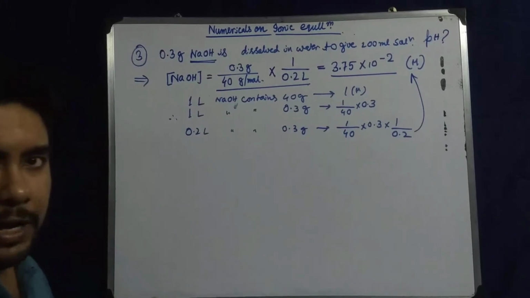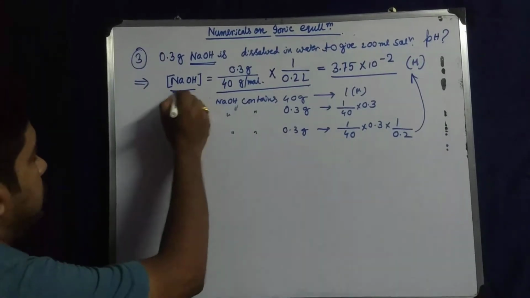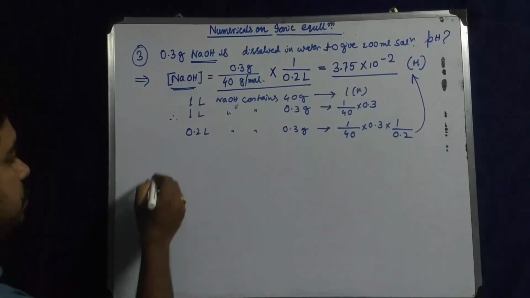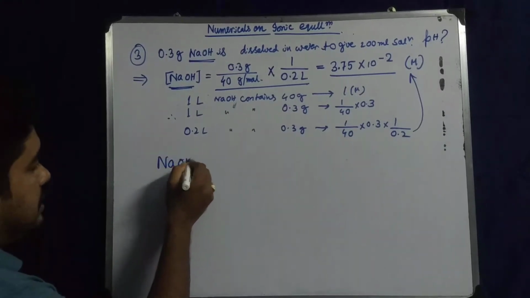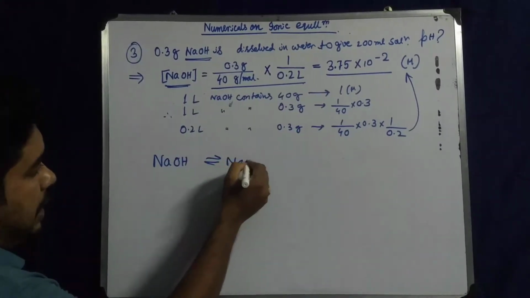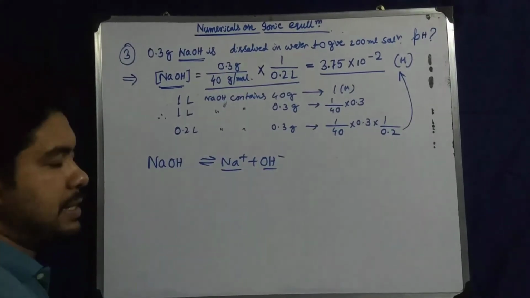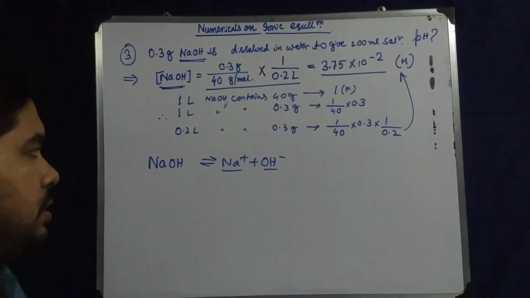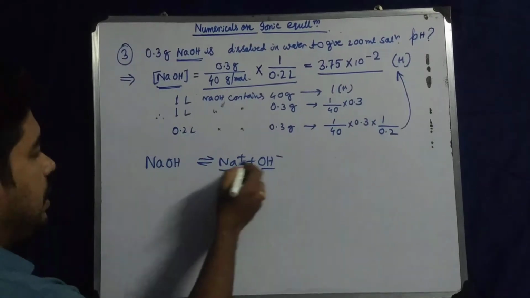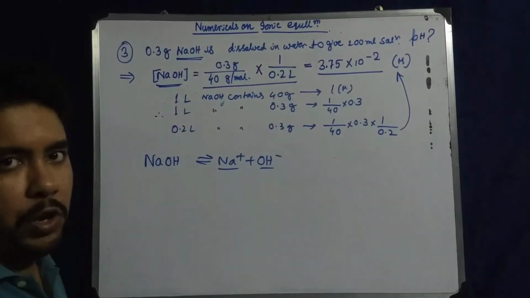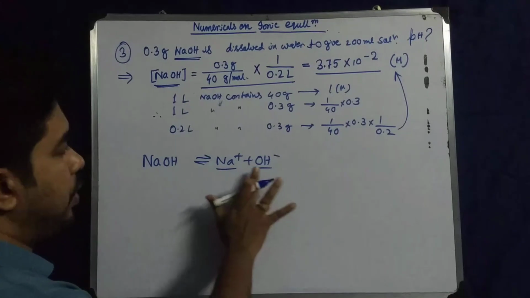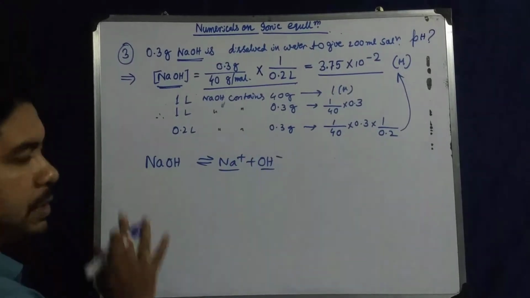Remember, I have calculated the whole NaOH concentration, and as we know that NaOH dissociates into ions, that is Na plus and OH minus ions. As both the ions are coming from NaOH, it is clearly visible that both the ions are of the same molarity. So 1 mole Na plus and 1 mole OH minus ions come from 1 mole NaOH.